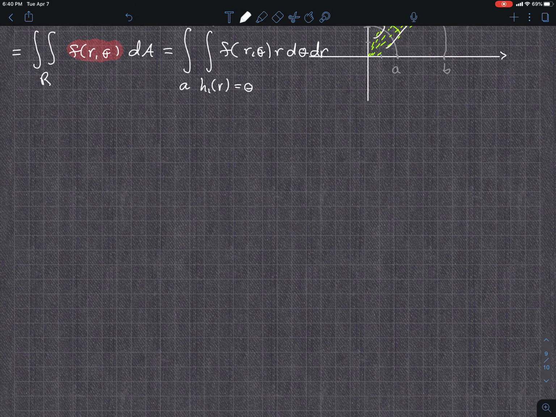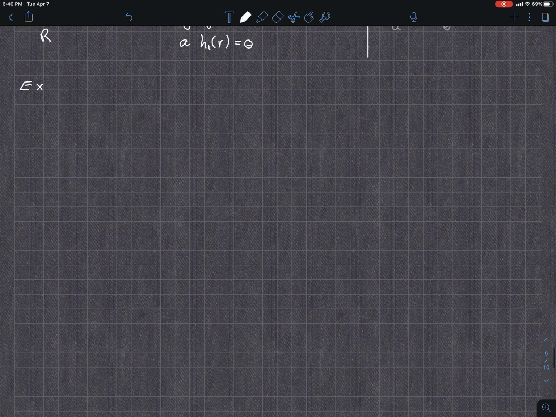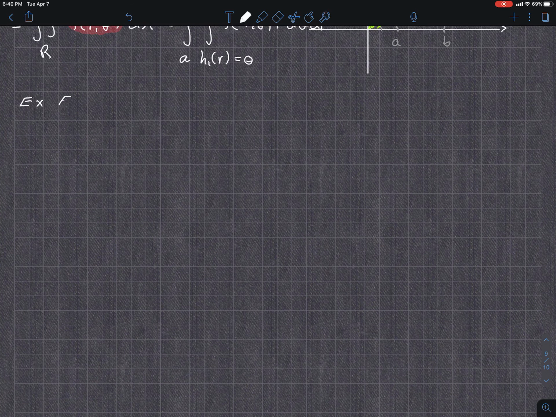So this is, find the area of the region R bounded by the polar axis and these functions. So let's take a look at this example.